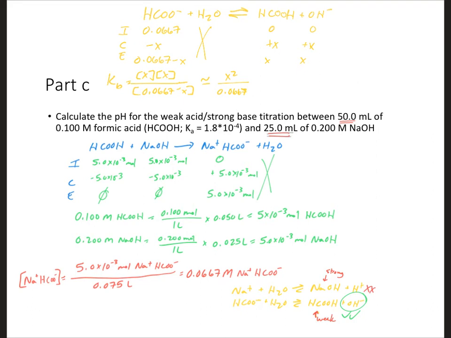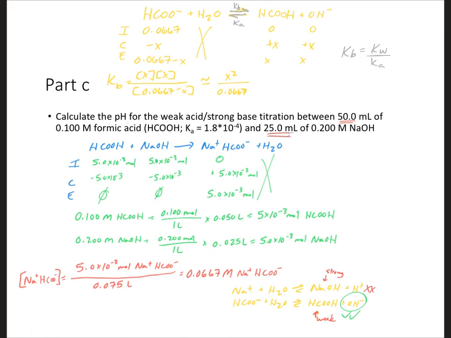If you recall, as we went from the right side to the left side, that was our Ka. As we move from the left side to the right side, that's our Kb. And there's a relationship between a Ka and a Kb. So we know the Ka, right? We have already looked that up as 1.8 times 10 to the minus 4. So it's just going to be related to that Kb through the water ionization constant.